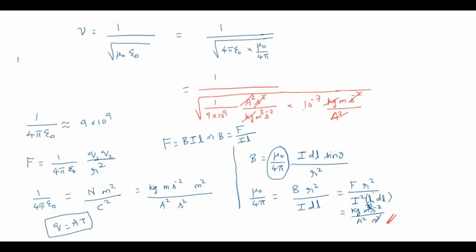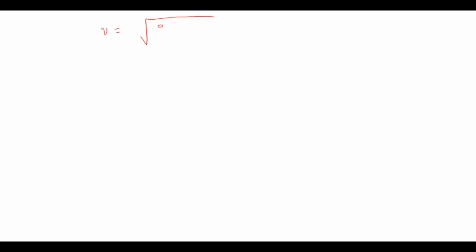So what we will get is 1 by square root of 1 by 9 into 10 power 9, with 10 power minus 7 on top. For the units, one meter over meter square second power minus 2. So v is equal to 1 by root, and the 9 comes to the numerator: 9 into 10 power 9 by 10 power minus 7 meter per second, the whole square.